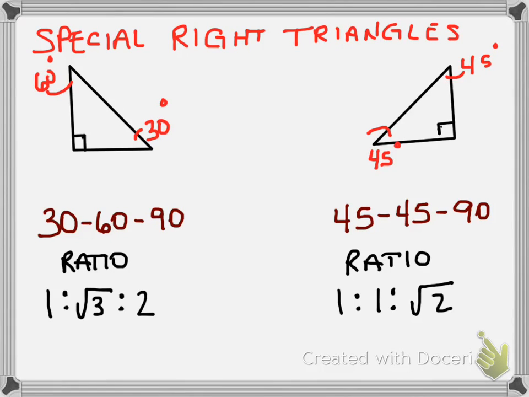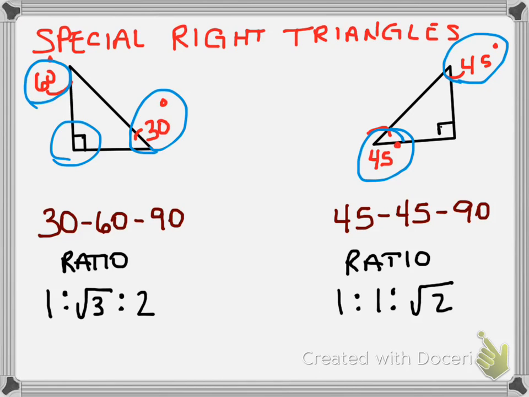Okay, on today's lesson we're going to look at special right triangles. Those special right triangles are a 30, 60, 90 right triangle and a 45, 45, 90. What makes them special is the relationship between the angle measurements and the ratio of the side lengths that they always have.